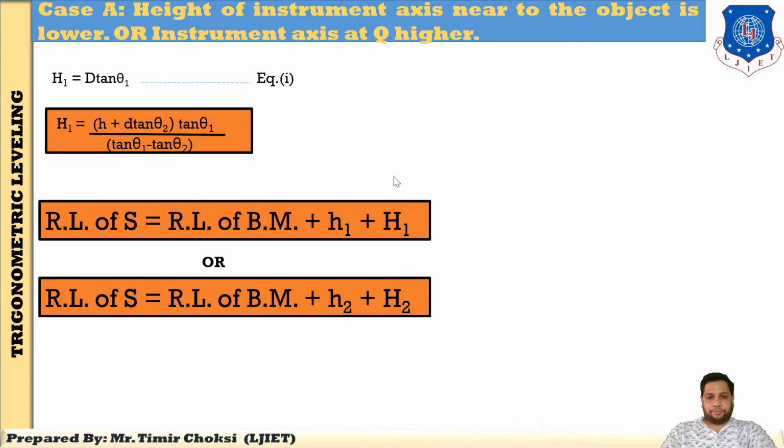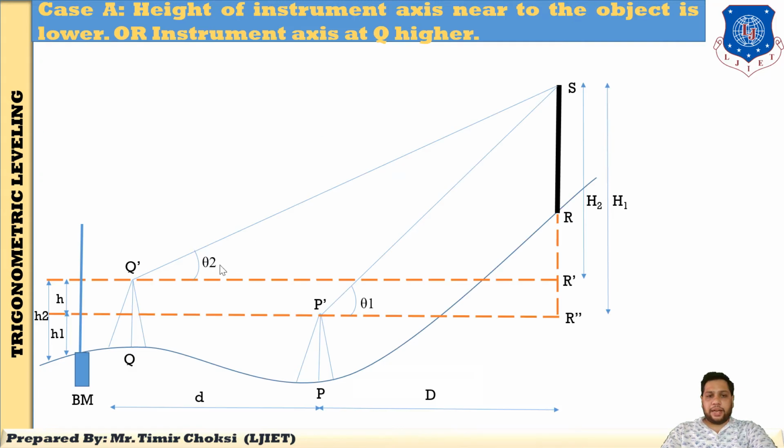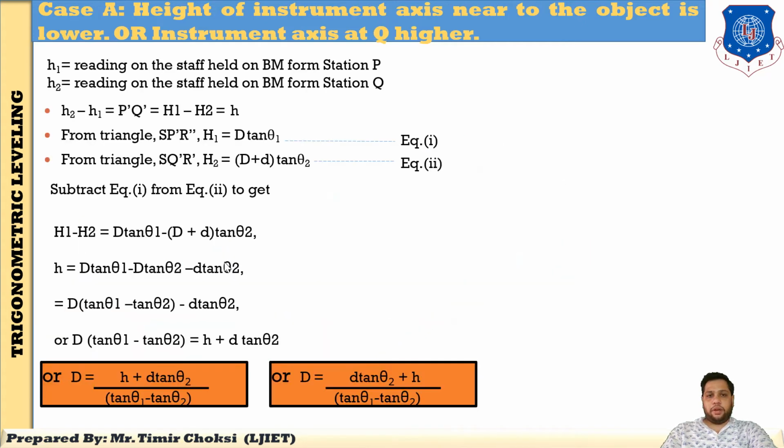Similarly, from the second triangle S, Q dash, R dash, it is clearly seen that H2 equals capital D plus small d, times tan theta 2. So write H2 equals (D plus d) tan theta 2. Now subtract equation 2 from equation 1. H1 minus H2 equals D tan theta 1 minus (D plus d) tan theta 2.